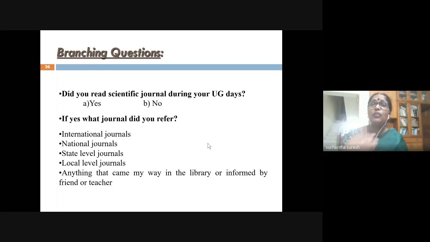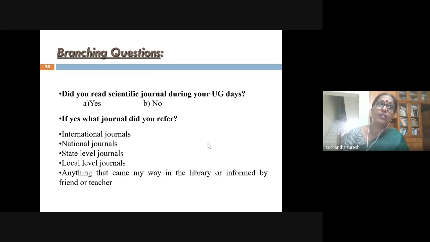Then below it, if no, they also have to answer. The person who said no shouldn't give a response for the if-yes part. He has to jump to the if-no column. But what our respondents do is answer both. If yes also they answer, if no also they answer. What to do, right? Such questions you also have to be a little careful with.